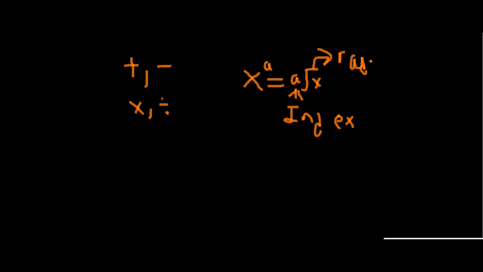And essentially, the index, let's say you have the square root of 9. You don't typically see the 2 when it's a square root. So if you don't see any index here, it's blank. It's square root.